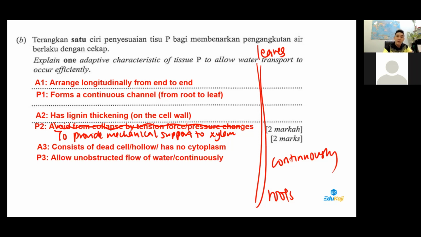Therefore, we can see they have a space for continuous water transport. They are dead cells, guys. So as you can see here, any matching A and B together gets 2 marks.